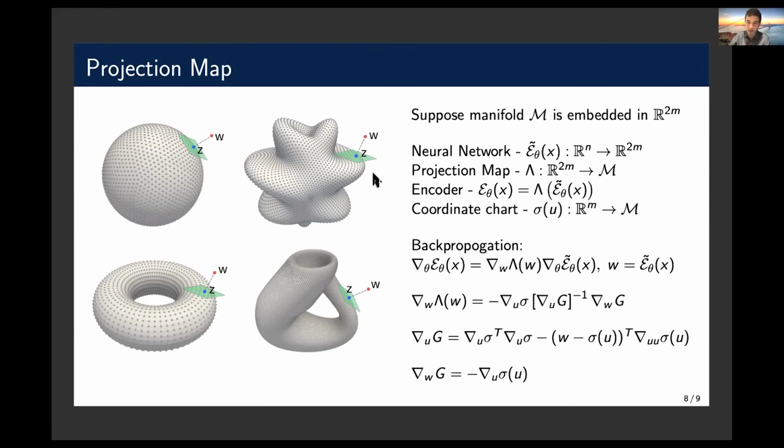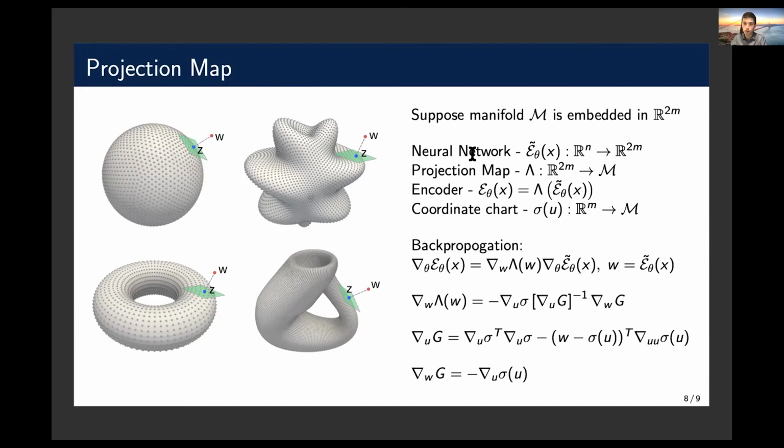So to make our latent space the manifold, we first apply a neural network to the input data, which reduces from the high dimensional input data space into the embedding space.